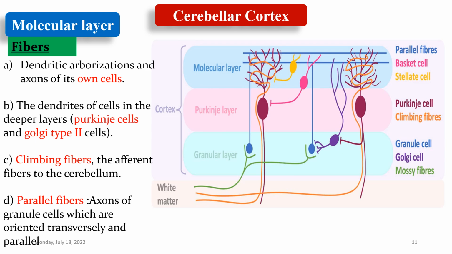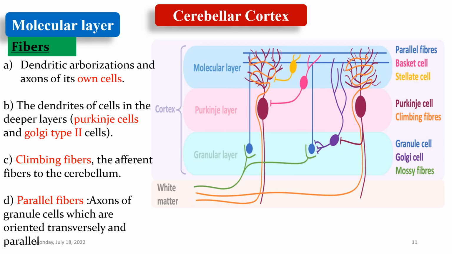Number three are climbing fibers. They are the afferent fibers to the cerebellum. And the last type of fibers are called parallel fibers. Parallel fibers are axons of granule cells which are oriented transversely and parallel.